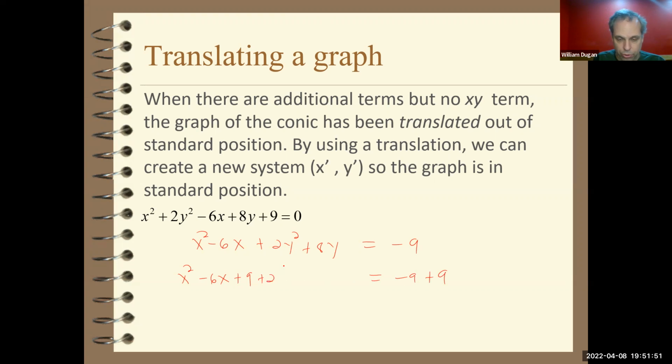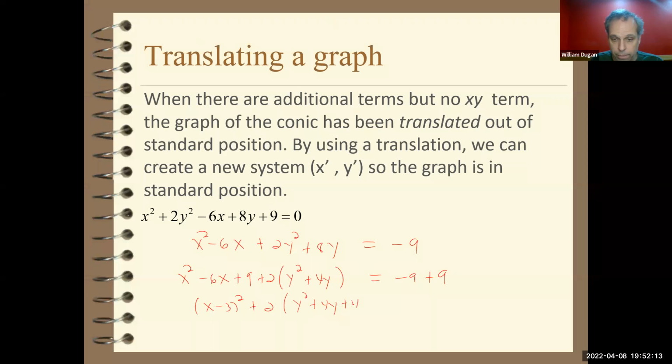Here, I'll factor out 2 first to get y squared plus 4y. I can write the first expression as x minus 3 squared. This will then be 2 times, and I can complete the square on the inside to get y squared plus 4y. I'll take the 4, halve it, which is 2, and square it, which gives 4.